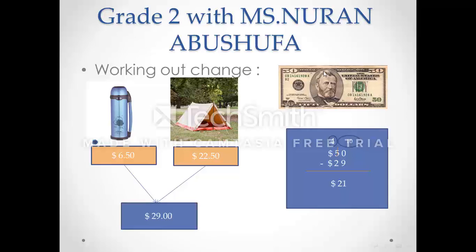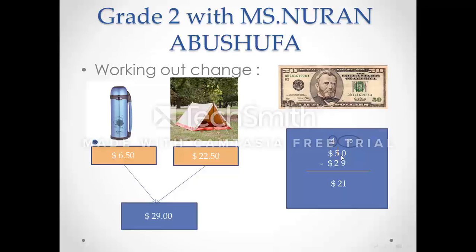How can I know how much the cashier should give me back? By subtracting the amount of money you have and the amount of money you should pay. So you will subtract the amount of money you will pay from the amount of money you have.